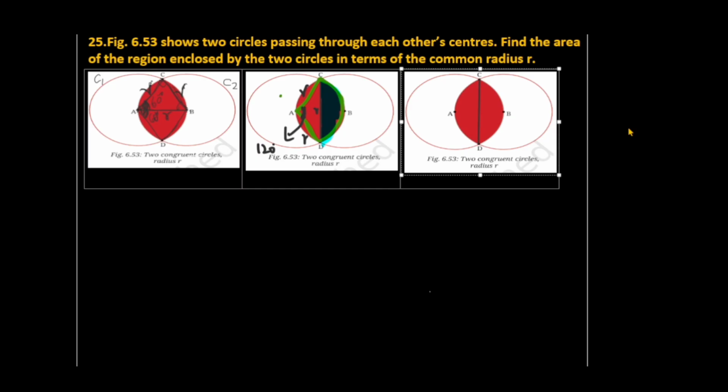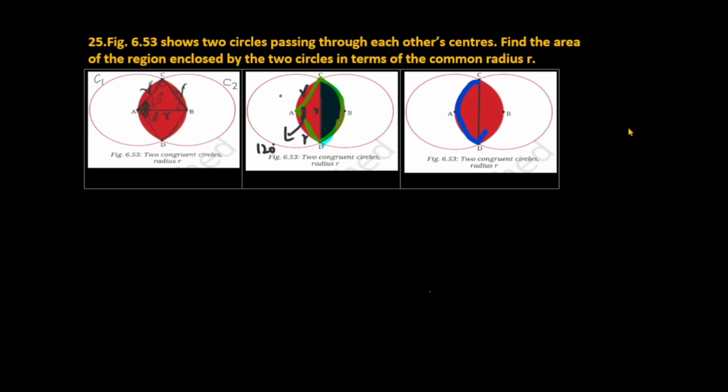So this is the other part. Again, this is a segment when we join these two. This segment also has radius R, this is R, here also R, and the angle is again 120 degrees. This is also R, an equilateral triangle.